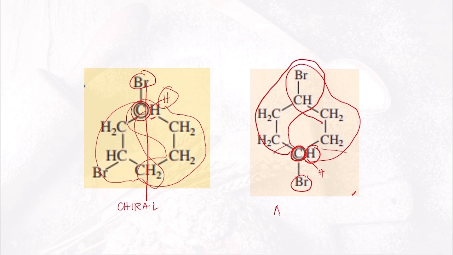So, this is achiral. Just practice so that you understand it. Basta, there must be 4 different groups attached to the carbon. That is chiral. If there is any that is the same, it is automatically achiral.